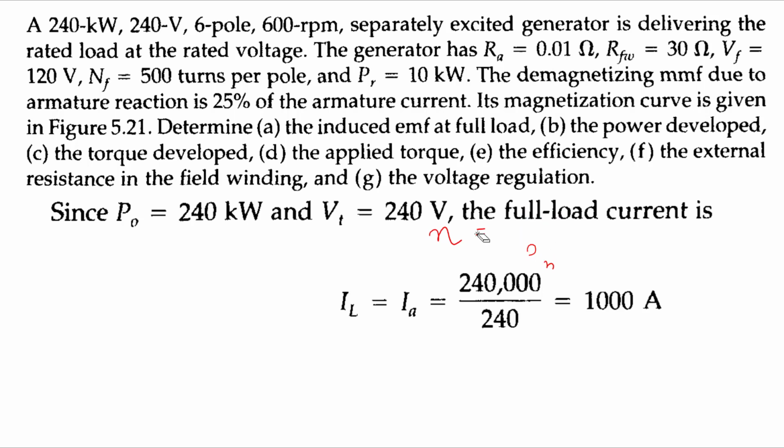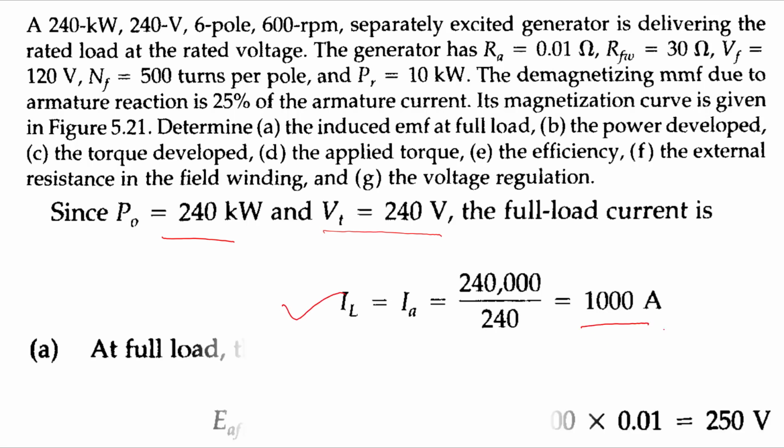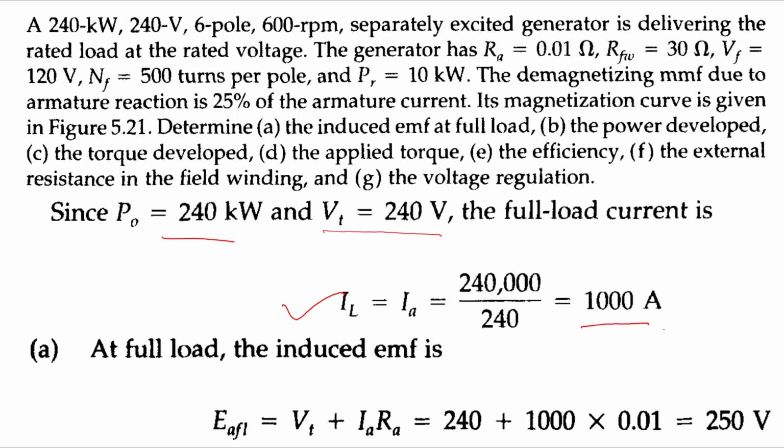This is what we have done last class. We found PO. PO is known, 240 kilowatt, right? And VT is 240 volt. And full load current we found 1000 ampere, right? And the induced EMF at full load will be VT plus IRA.